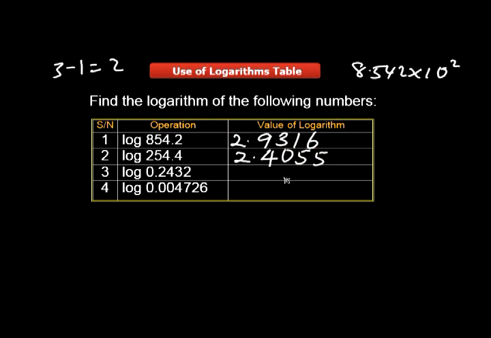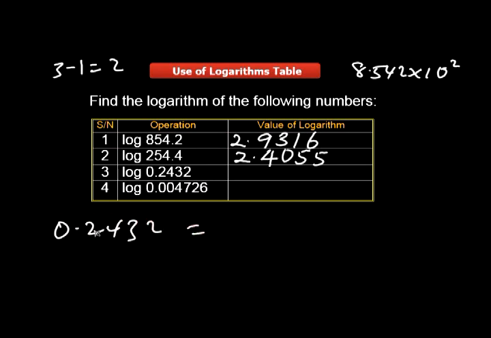Then let's go to the next one to check the logarithm of this number. Any number that is less than 1 has the characteristic as negative. Just note it. Once the number is less than 1, the characteristic is going to be negative. So if you want to write this number in standard form, it will be 0.2432.